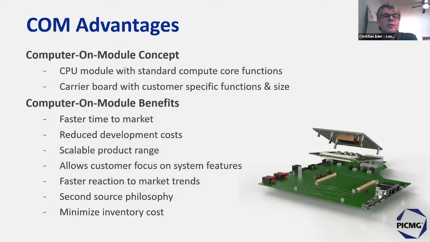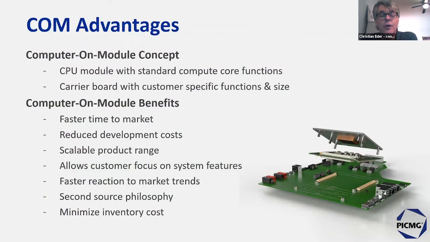So the core module with the core functionality and the customized carrier board, the splitting, of course, brings the advantages of a much faster time to market if you're looking for a customized solution, as you don't have to take care about everything. This, on the other hand, reduces the development costs. You have to do less because you can rely on a core functionality. Of course, you have a scalable product range.